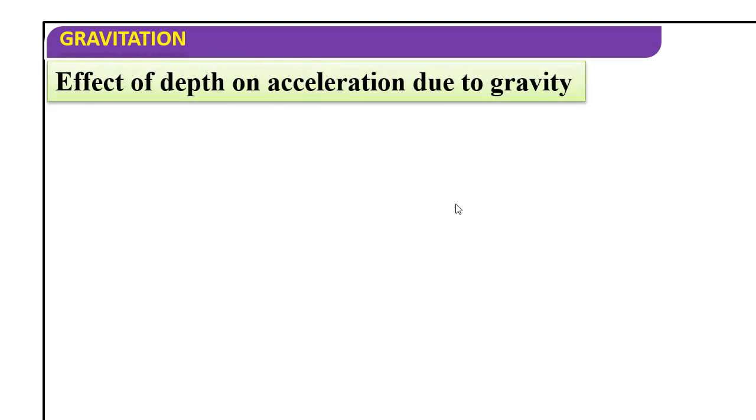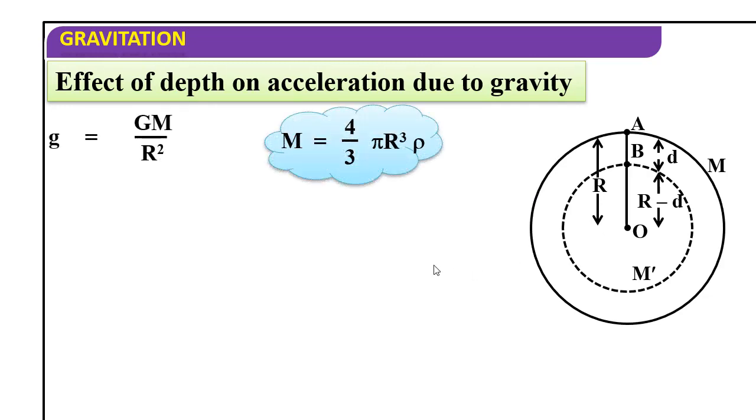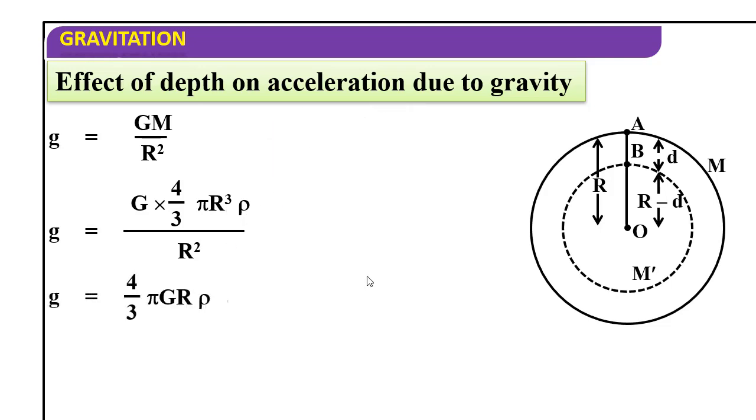Effect of depth on acceleration due to gravity. Initially we consider this only: g is GM by R square, with M equal to 4 by 3 pi R cube rho, where rho is the density of the earth, so g is 4 by 3 pi G R rho.